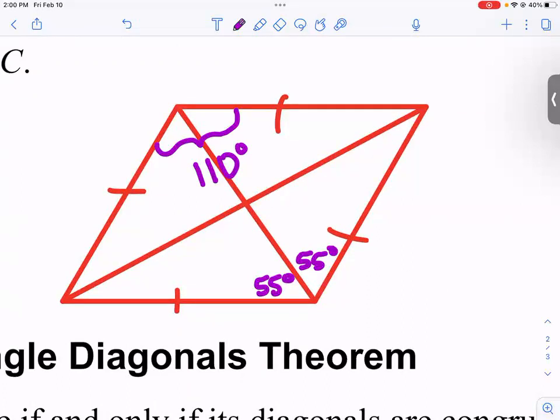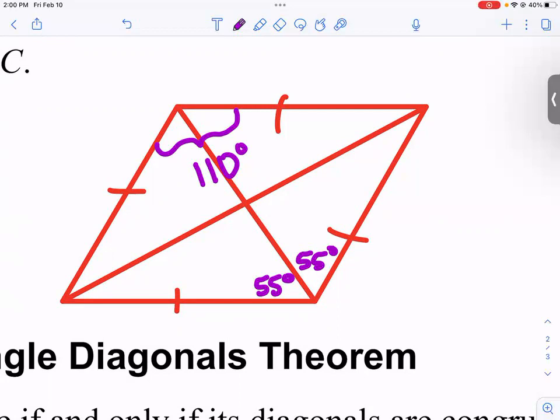So let's say the left 55 is like 47 and the upper is something else. Then it's not a rhombus. Wait, no, but is the one on the 110 this one? That matches this.